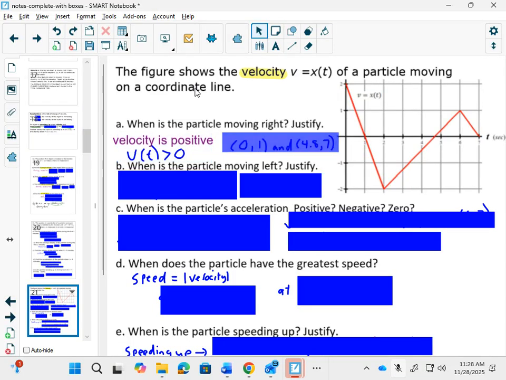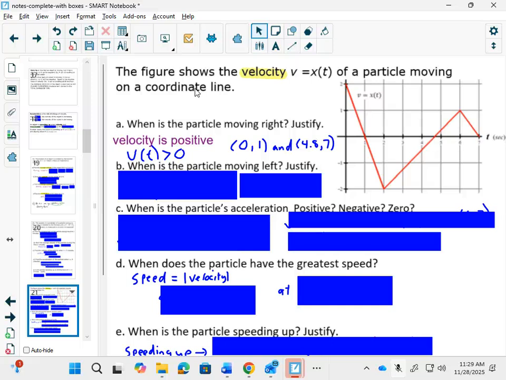When is the velocity positive? From 0 to 1, and from about, I have to estimate there, 4.8, 4.7. I could technically find that out exactly if I wanted to, figuring out the equation of that line and finding its x-intercept, but I'm okay with an estimate right now.